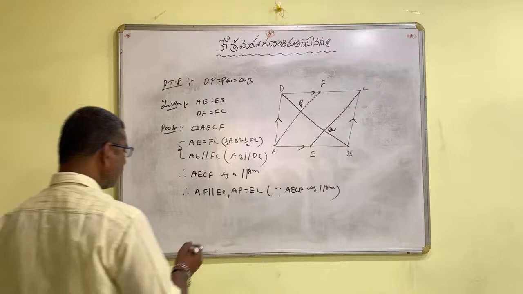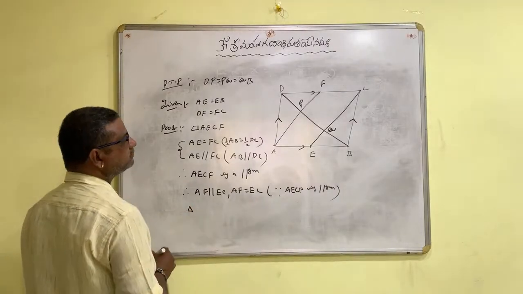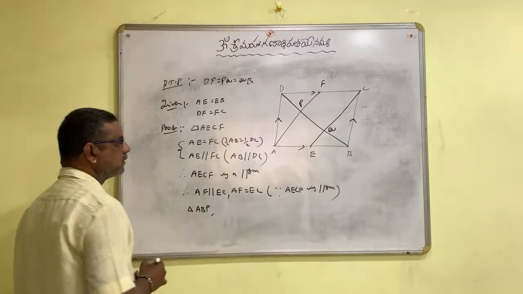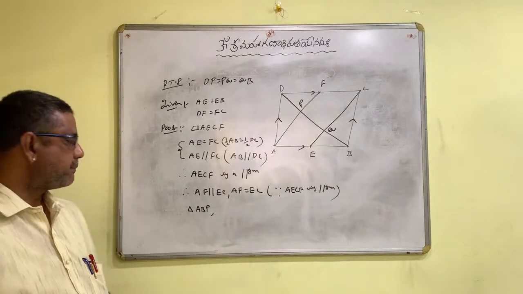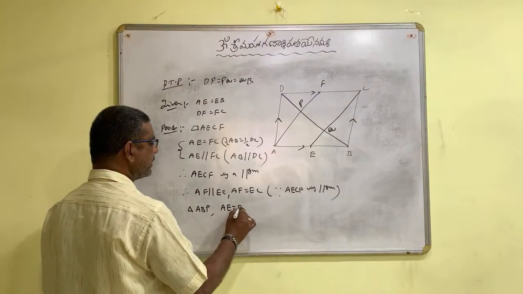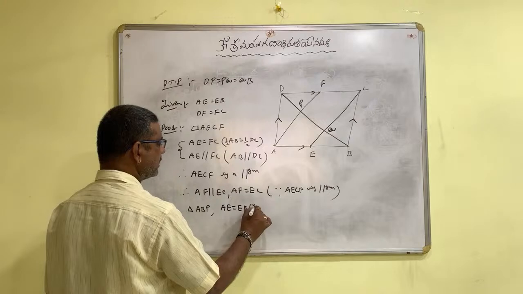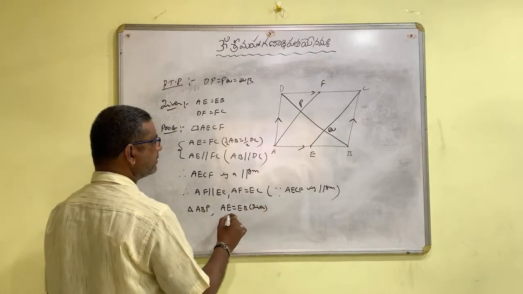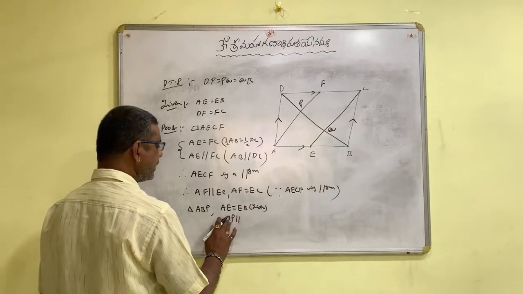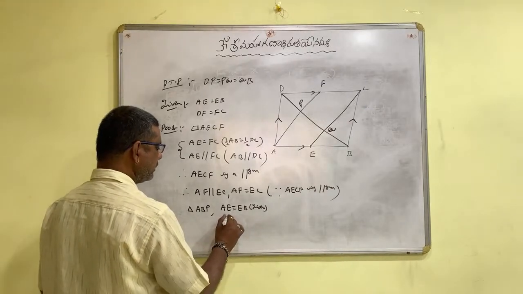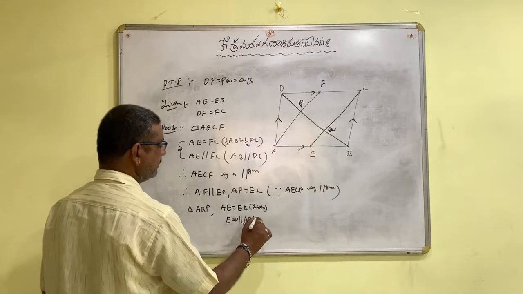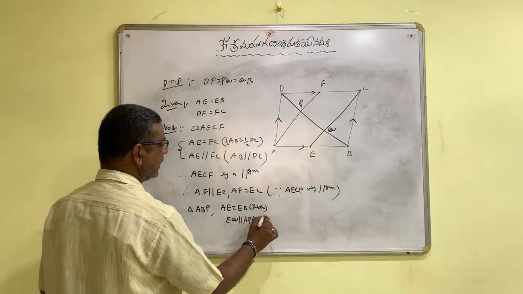Now, consider triangle ABP. AE is equal to EB, given. EQ is parallel to AB, because AF is parallel to EC.